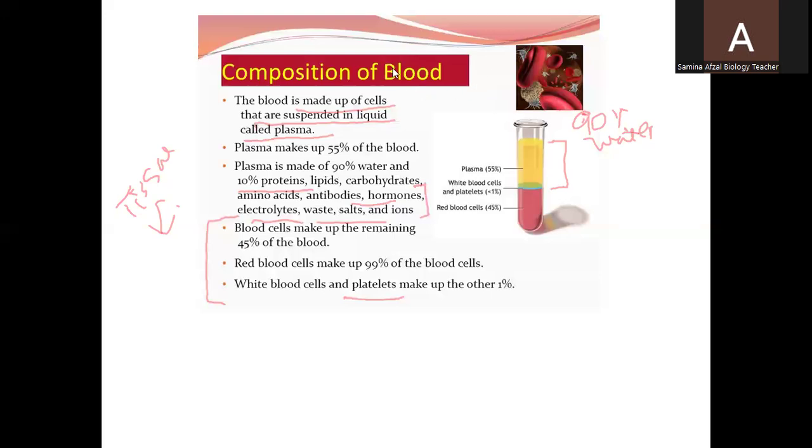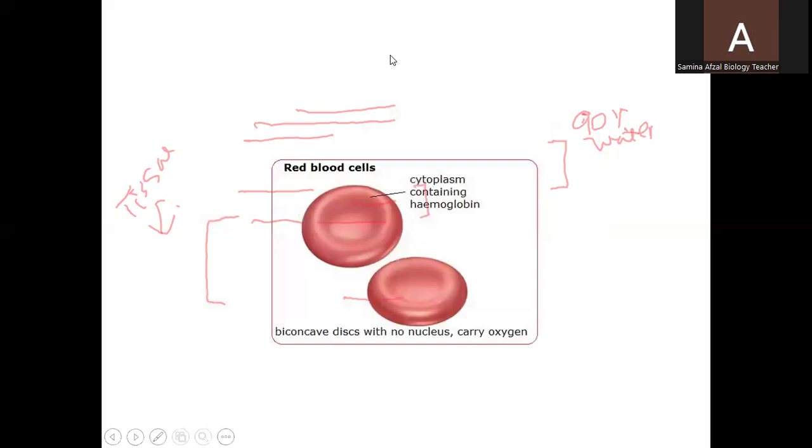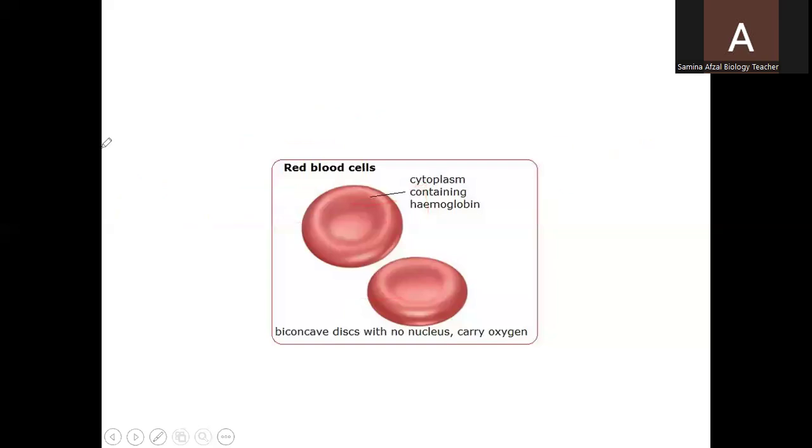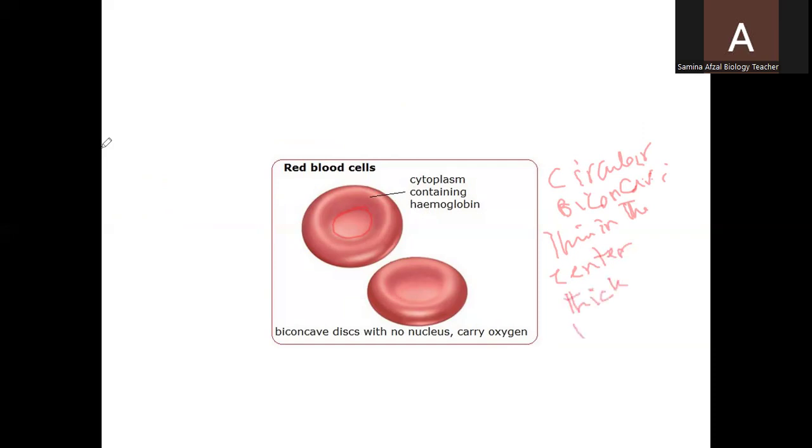In the next slide, we will see the red blood cells. You can see the red blood cells are circular, biconcave, thin in the center and thick at the edges.